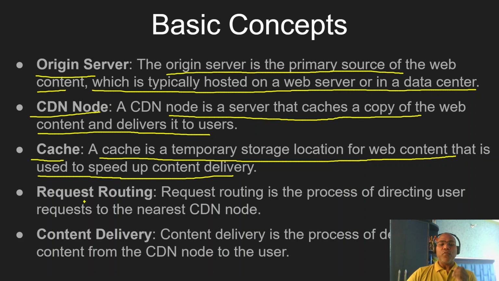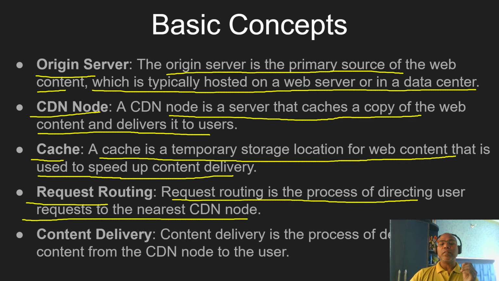Then there is request routing, which is the process of directing user requests to the nearest CDN server. This is the concept of how our request goes to the nearest CDN.